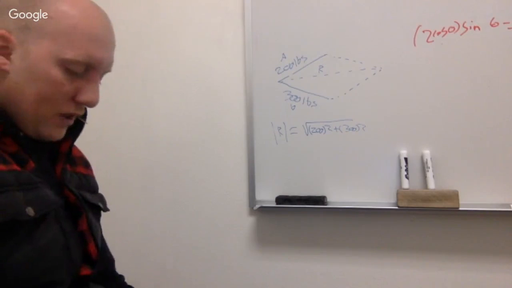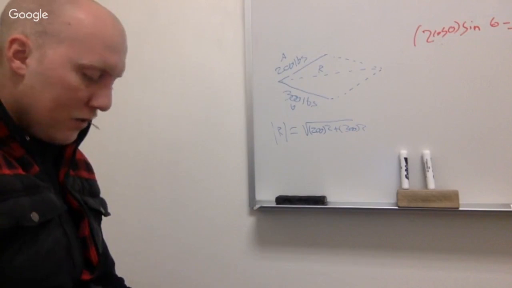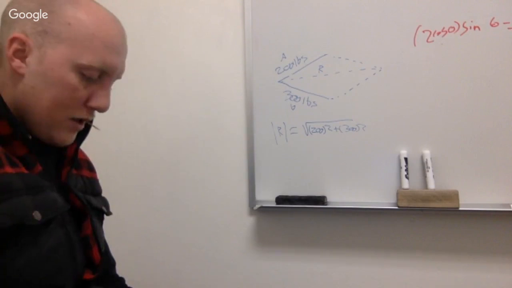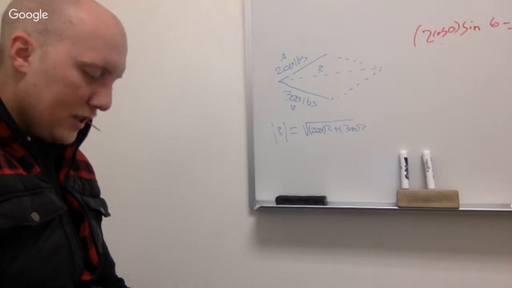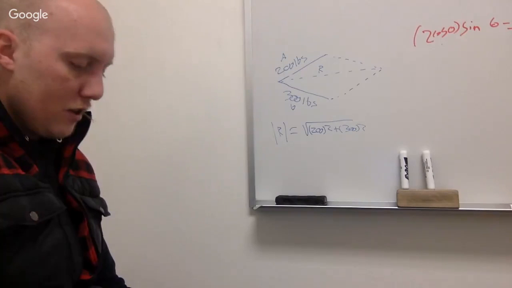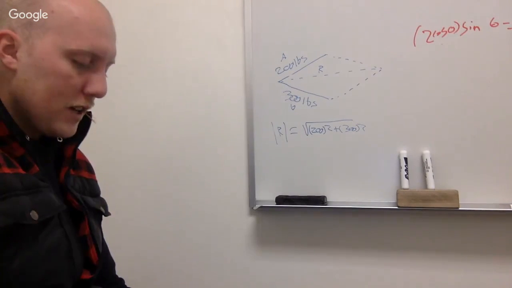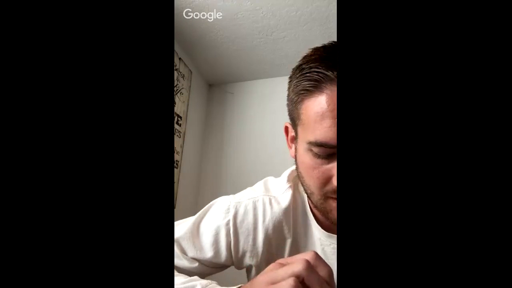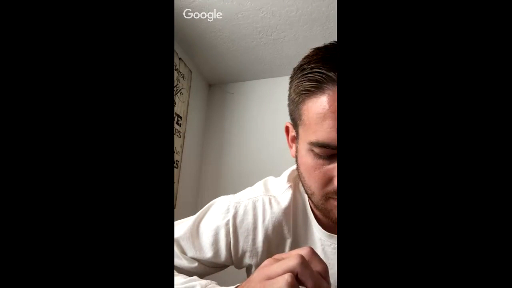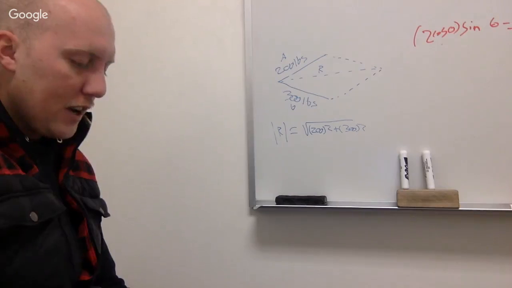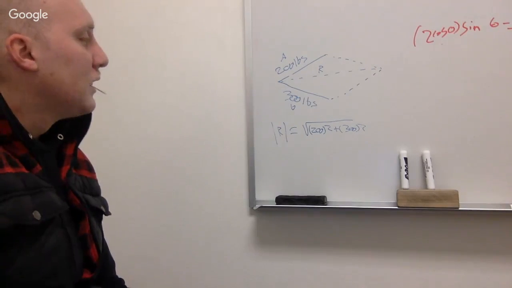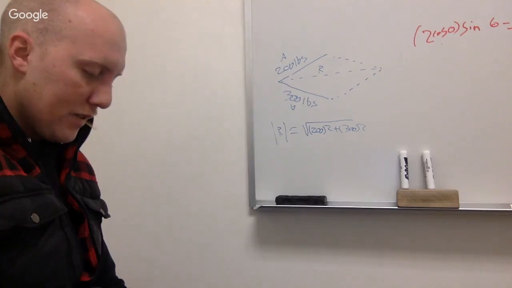See, because we took 200 squared plus 300 squared, we get 130,000. What was it, 425.1, you said? Yeah, that doesn't give us that, that gives like 180,000. 366.51.